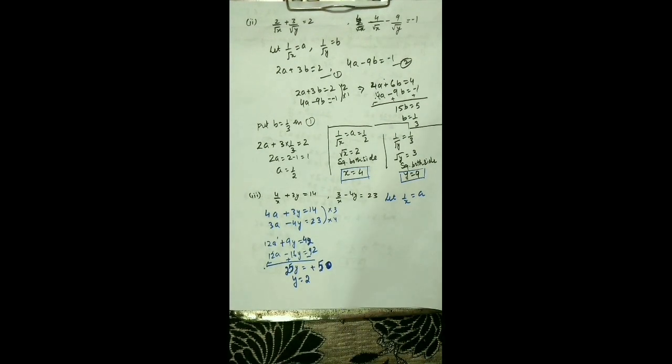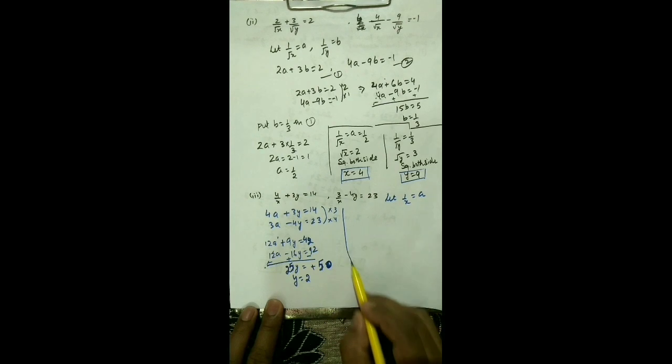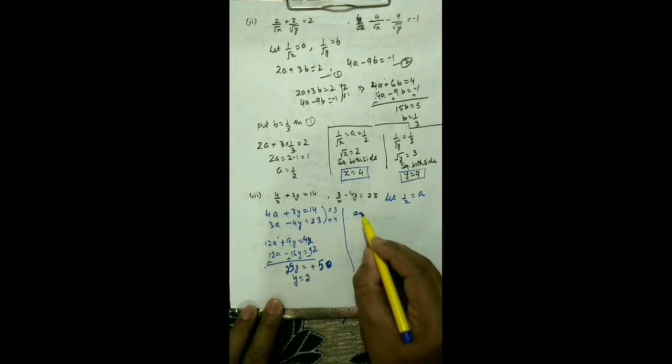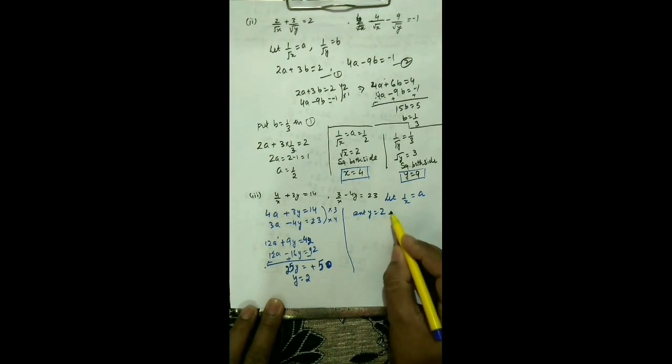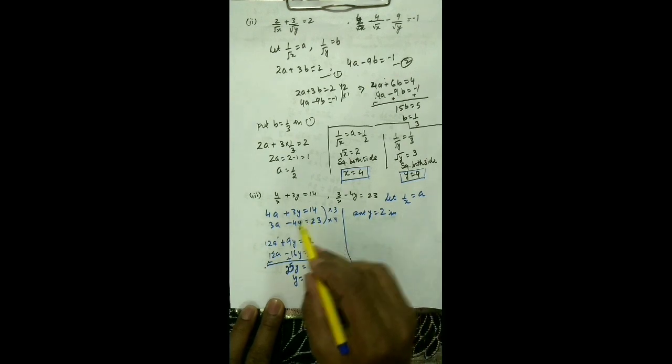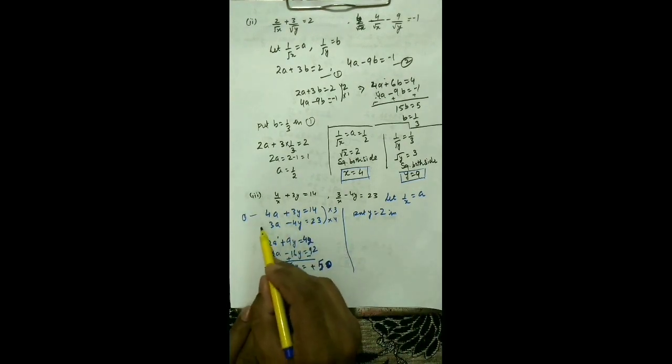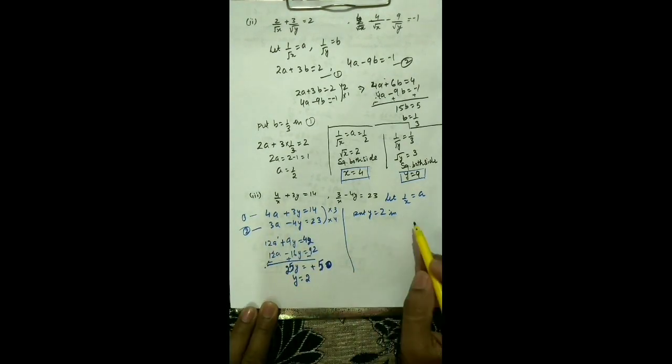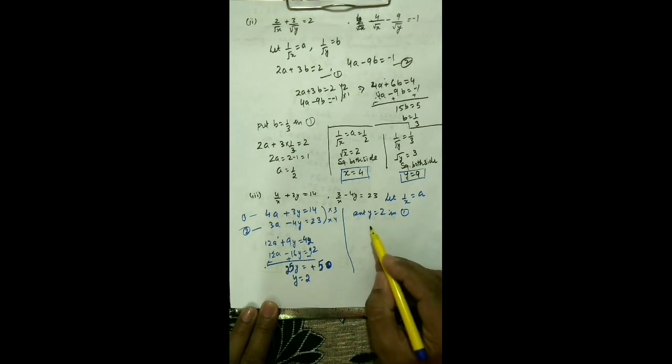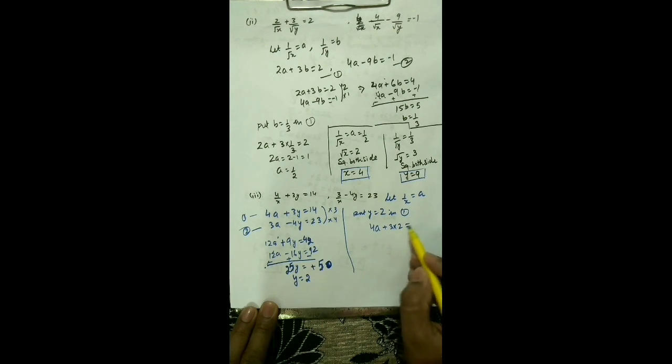So y has come to 2. Now you can put this, assume this is equation number 1 and this is equation number 2. So put y equal to 2 in equation 1, so you get 4a plus 3 into 2, which is 6, equal to 14.